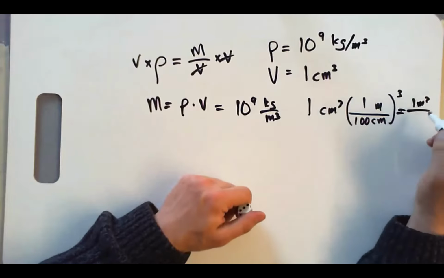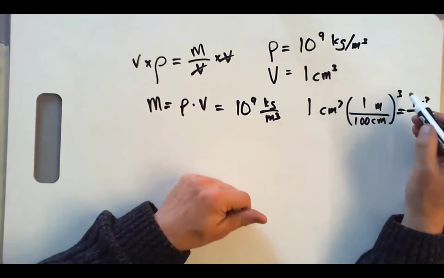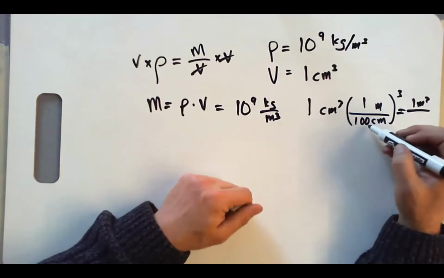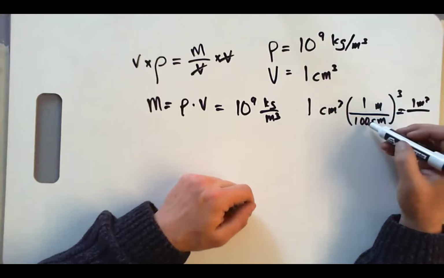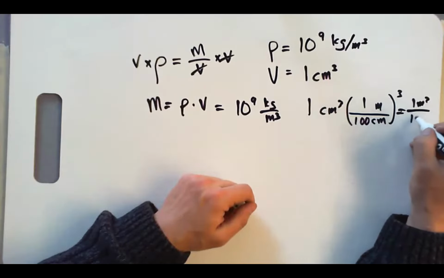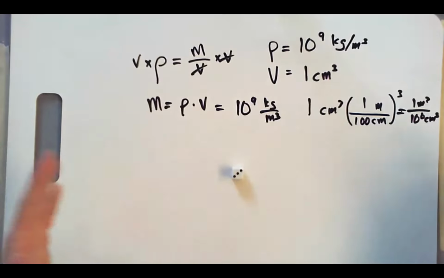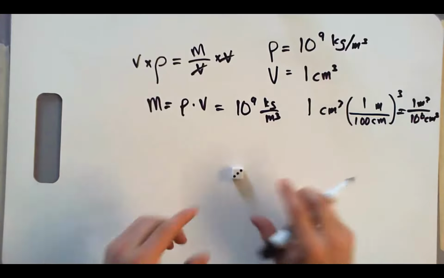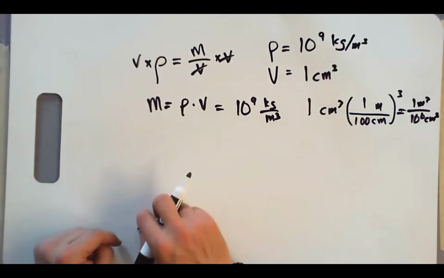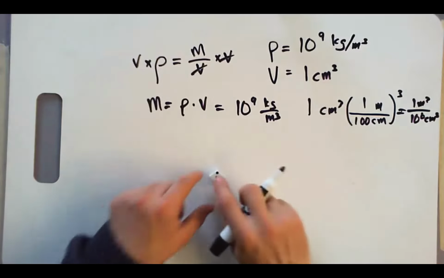I'm doing this a little bit backwards, but you get the idea. 100 is 10 to the 2. When you cube it, 10 to the 2 times 10 to the 2 times 10 to the 2, 2 plus 2 plus 2 is 6, so that is 10 to the 6 cubic centimeters. So there are 1 million. A cubic meter is really big. It's bigger than this whole desk. It would take 1 million of these dice to fill that entire volume.